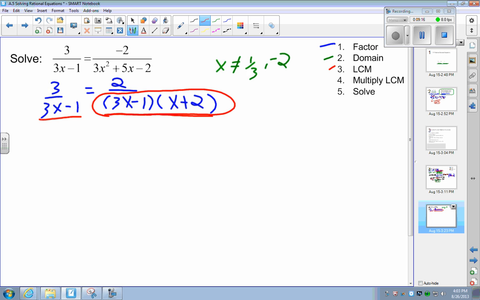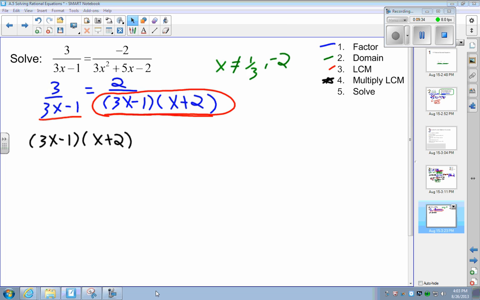All right, so what we've got left to do is multiply by the LCM on both sides of our rational equation. So we have 3x minus 1 times x plus 2, all that, times 3 over 3x minus 1.